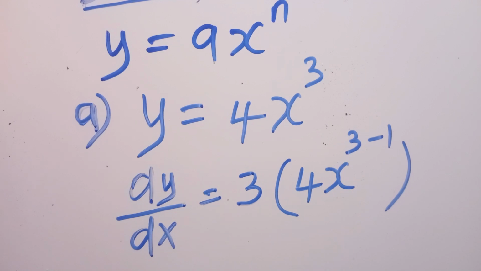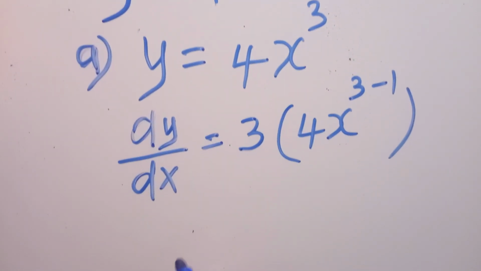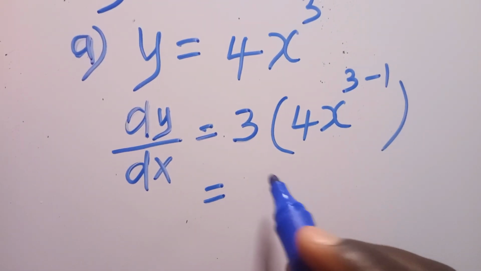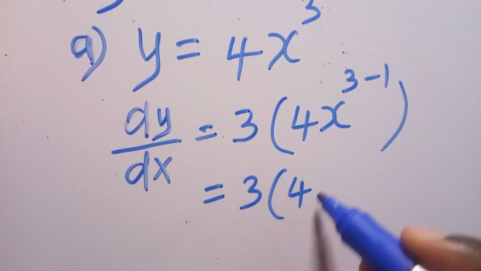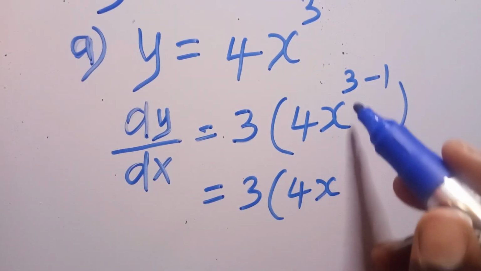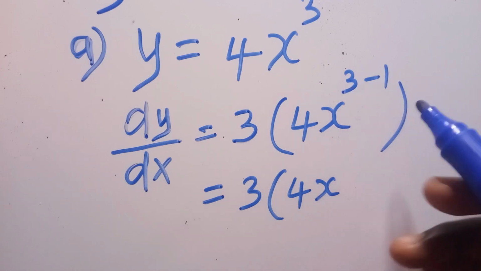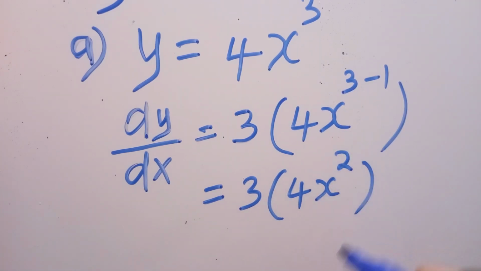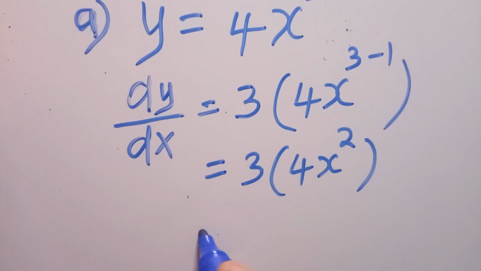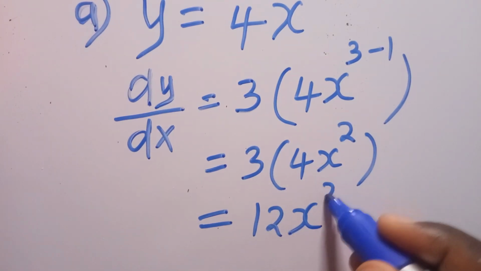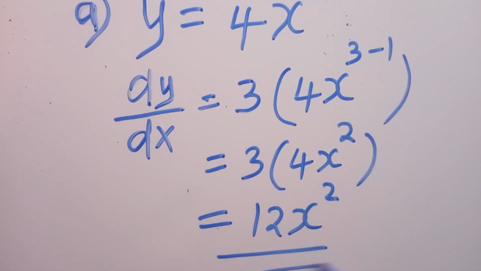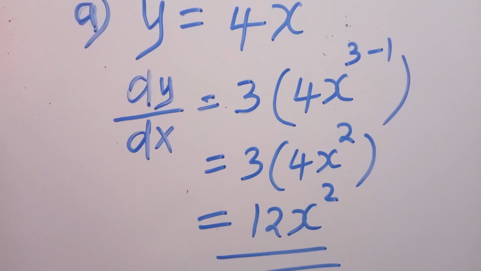After that, we obtain 3 into 4x, then the power is 3 minus 1, which is 2. If we open the bracket, we shall obtain 12x raised to 2. That is how you can differentiate that function.